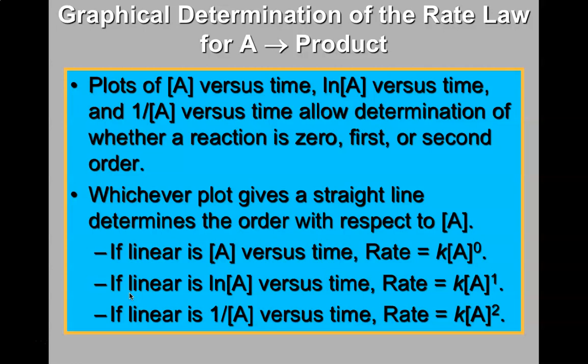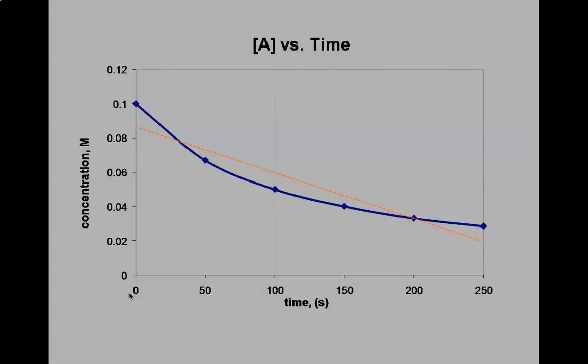Zero, 1, and 2 are the three main ones you're going to come across in the course, but please realize that orders can be decimals, fractions, negative, anything they need to be or that you get from experimentally determining it. So when you get to college, it's not just these three. It's infinite numbers of orders.